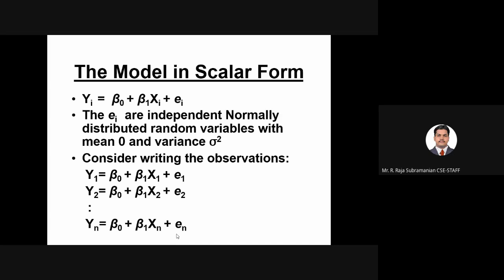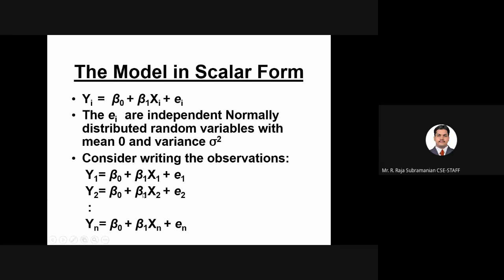But it is not possible in real time. If it were happening, then 100% my model is good, but that will not happen in real time. So we say that at least the mean will be equal to 0 and the variance will be some sigma squared, which needs to be estimated. So these are actually the input models I have, and this is a separate linear line. y2 is a separate linear line and yn is another separate linear line.